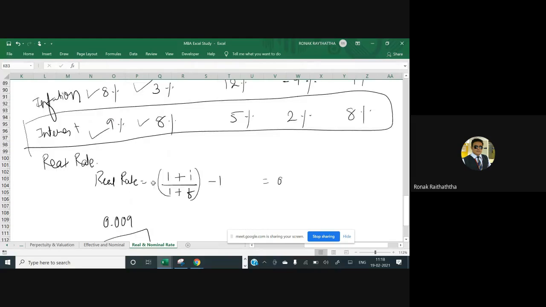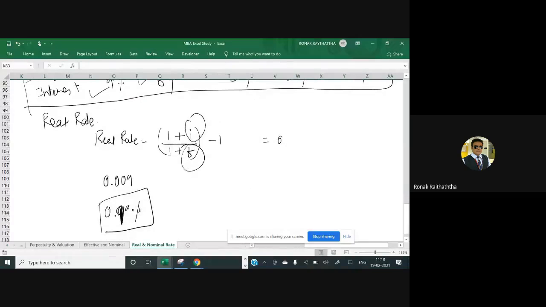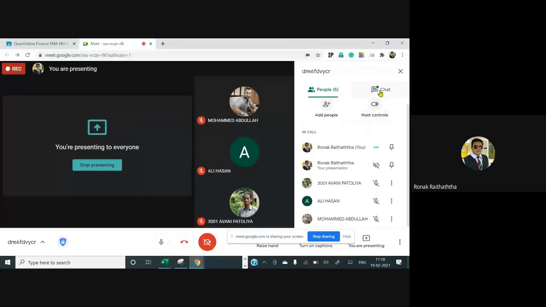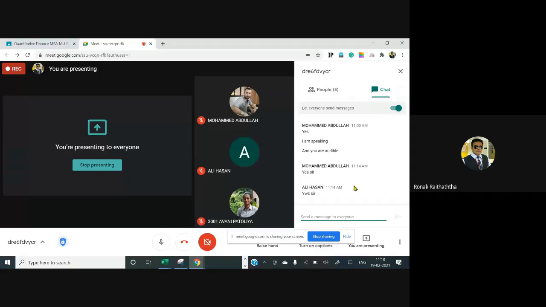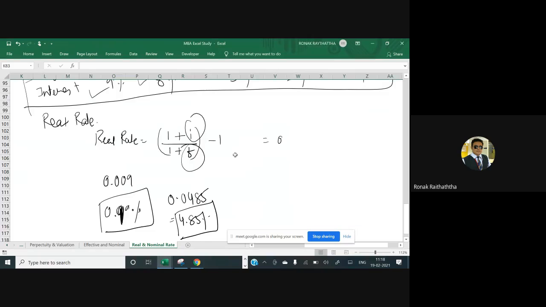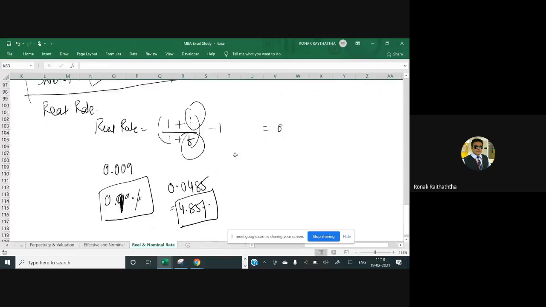Let's find it for the third one. Okay, minus 0.0625, so 6.25%.